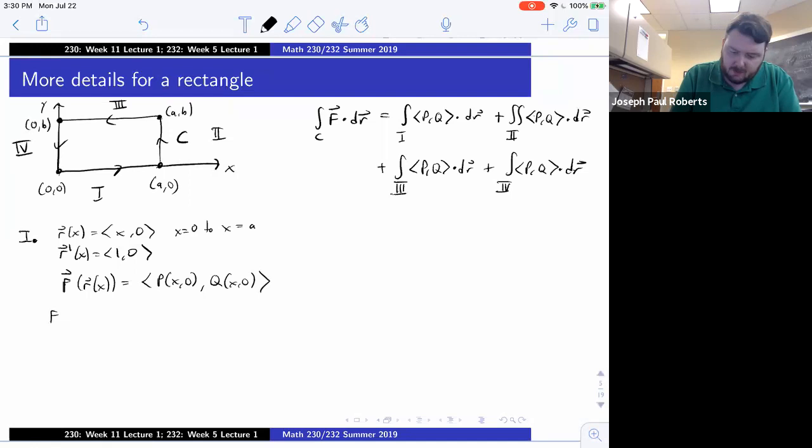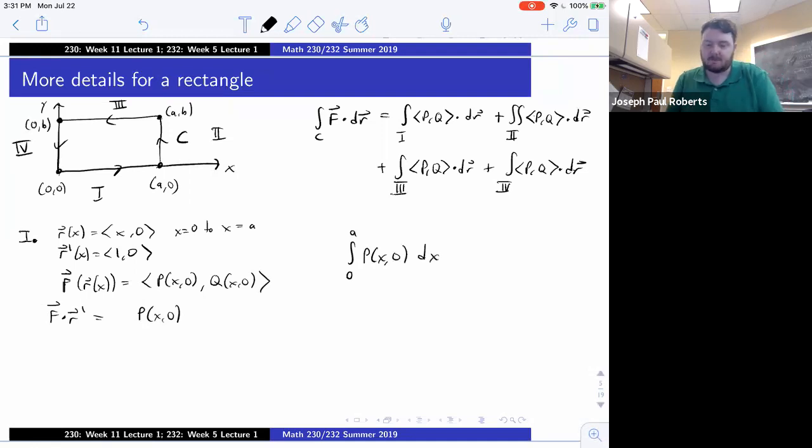And then F dotted with R prime ends up just being P of x0. So the work done on the first piece is the integral from 0 to a of P of x0 dx.